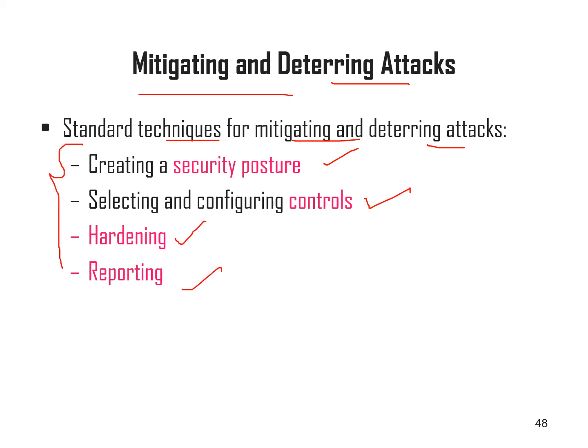After doing the vulnerability assessment or penetration testing, the ultimate objective is to provide security for that particular organization. So after getting the report from the vulnerability assessment or penetration testing, we have to do these things to mitigate and deter the attacks: creating a security posture, selecting and configuring controls, hardening, and reporting.